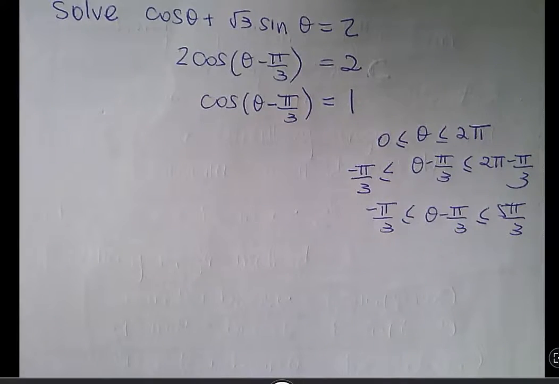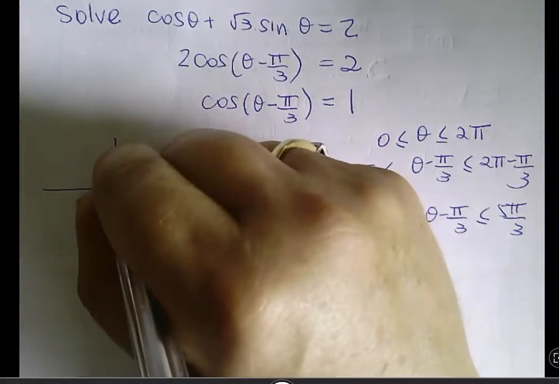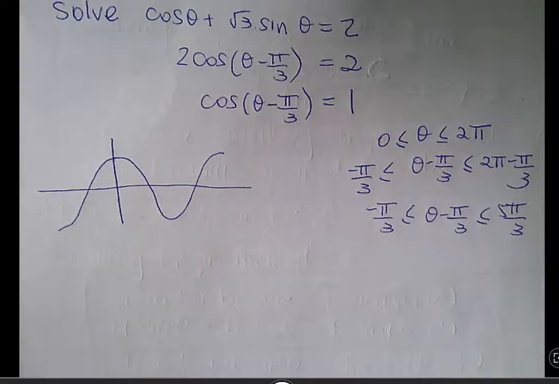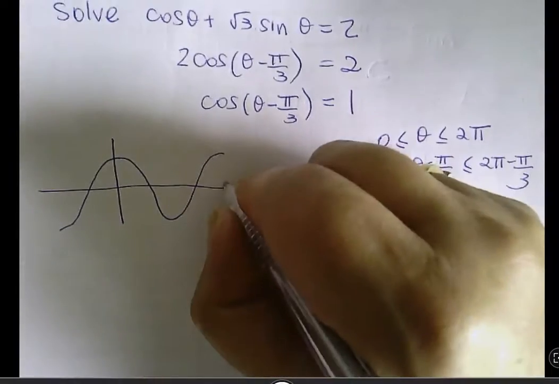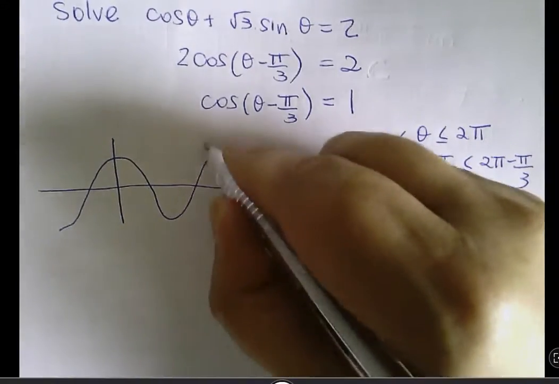But really, don't work out the acute angle for me. This is cos something is 1. How do you solve that type? You draw it. So cos curve looks like this, but you've got to go to negatives as well, because we're actually not going all the way to 2 pi. 2 pi's here. You're supposed to stop somewhere here.